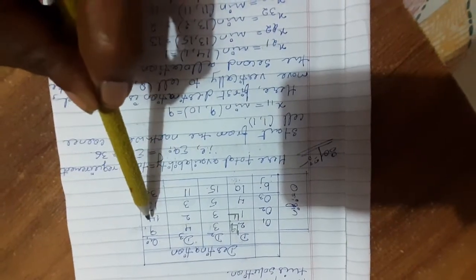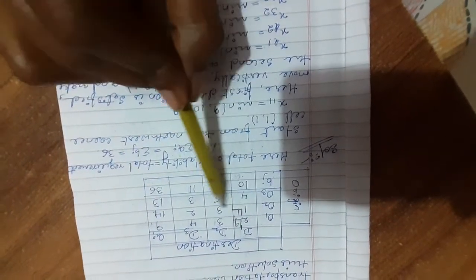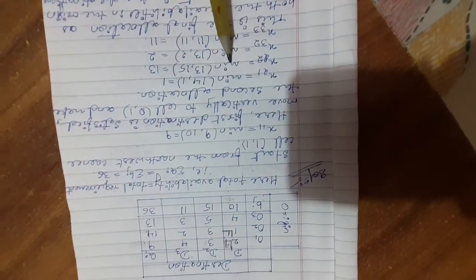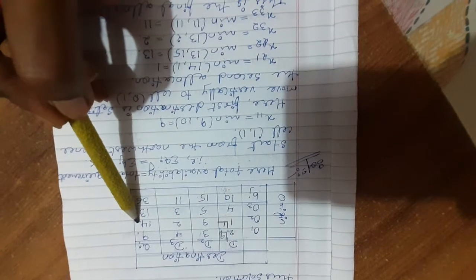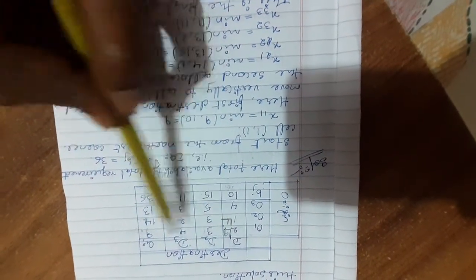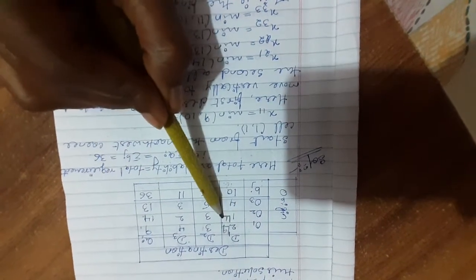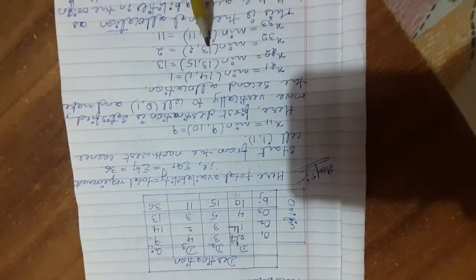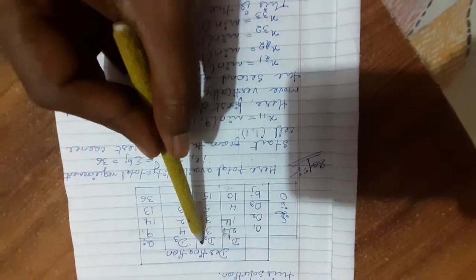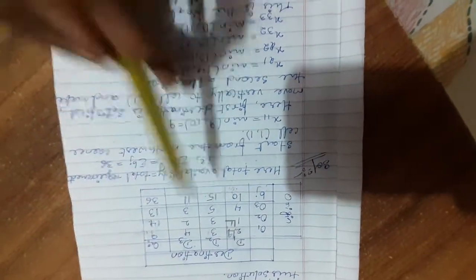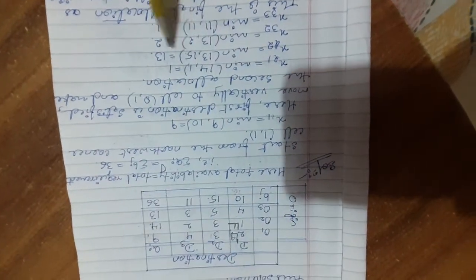So go for the second row and second column. x22 equals the minimum of the balance 13 and the column total 15. So minimum of 13, 15 is 13. So allocate 13.